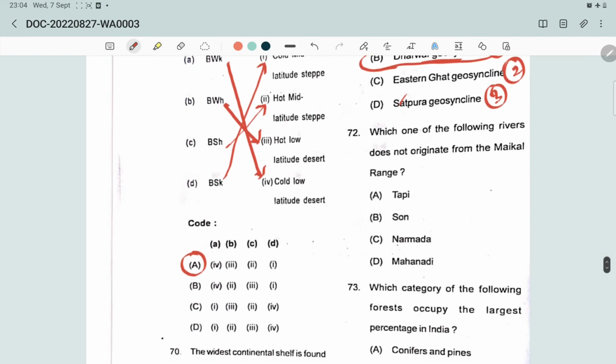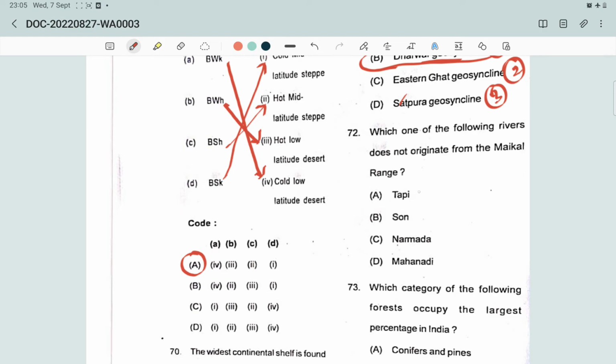Question number 72. Which one of the following rivers does not originate from the Maikal Range? The options are Tapi, Son, Narmada, Mahanadi.